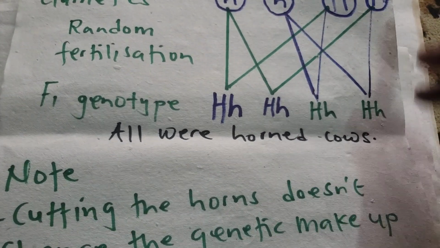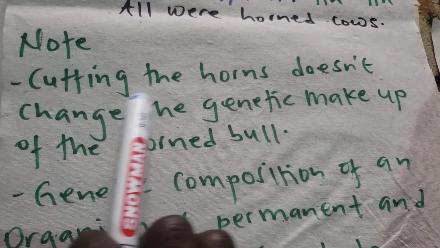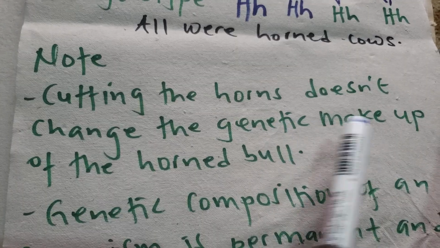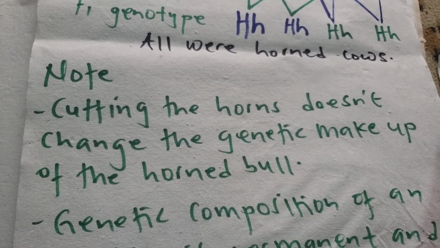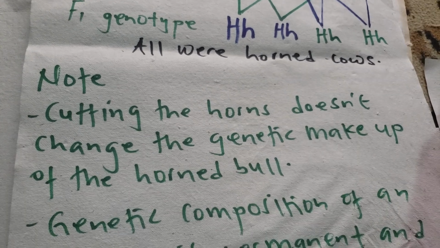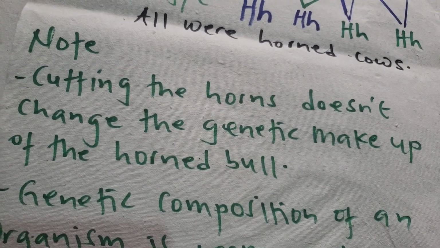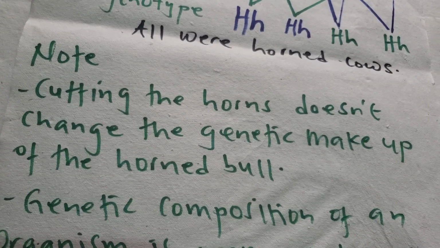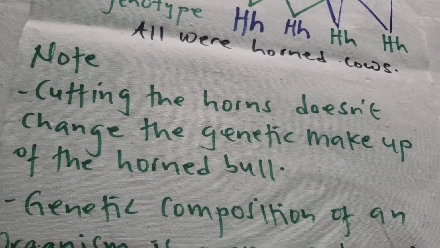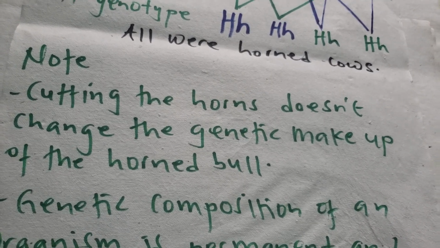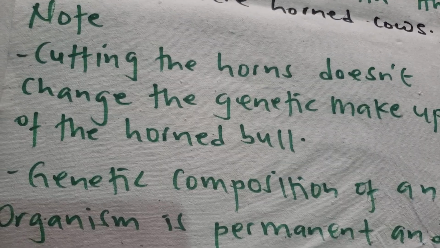Now let's look at this note down there. Cutting the horns does not change the genetic makeup of the horned bull. We have people who assume that when you cut off the horns of a bull, and this bull mates with the cow, the bull cannot produce horned offsprings.